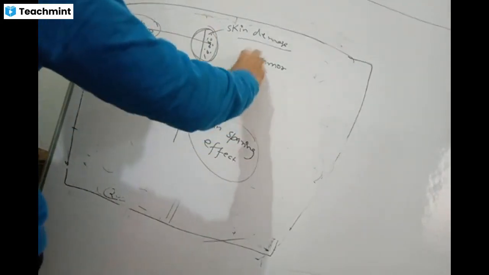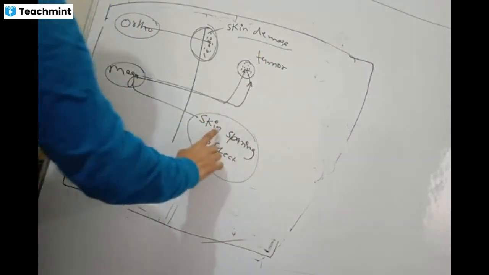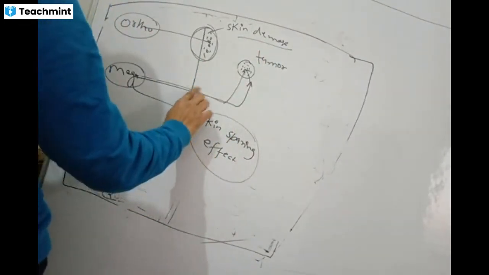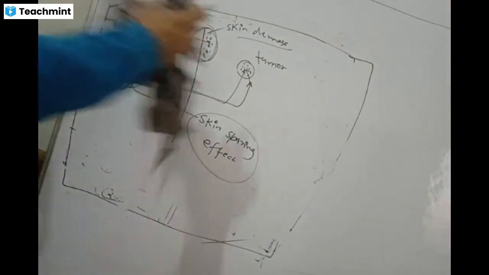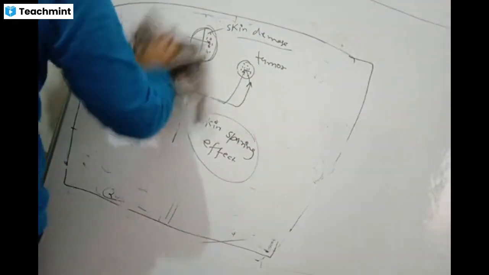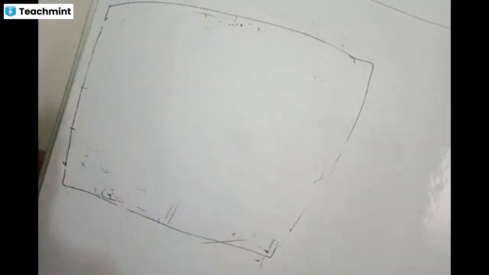But mega voltage reaches the tumor and deposits all its energy inside the tumor. So they have skin sparing effect, meaning they cause less skin damage. So this is the advantage of using mega voltage over ortho voltage X-rays.